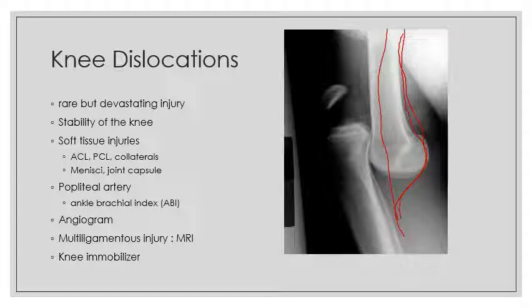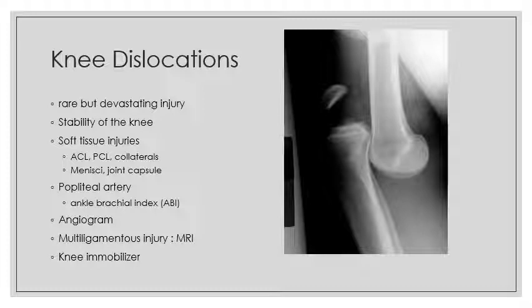So you have to do your ankle brachial index to check for perfusion. In some cases they do an angiogram, because the magic hour for this one is 8 hours, because after 8 hours, if you don't reduce the knee dislocation, there's a high rate of amputation.